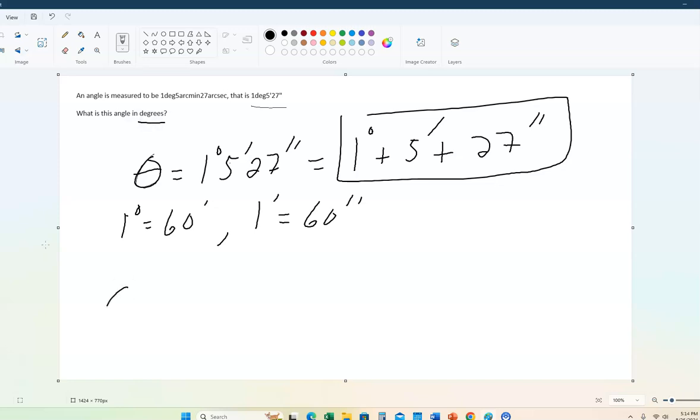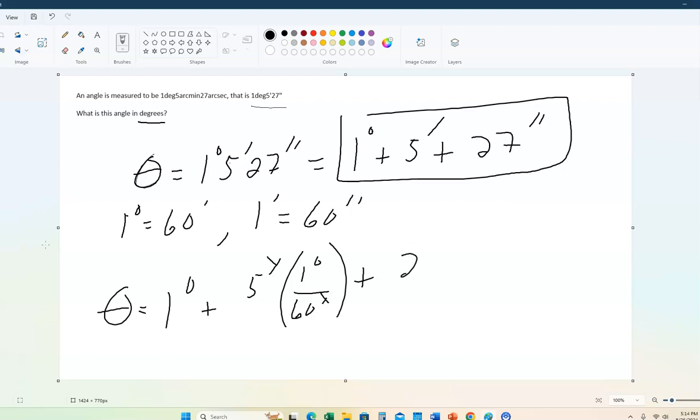So here is theta. We'll do the work, and then we'll get our calculator. It's 1 degree, which is already in degrees, plus 5 arc minutes. There are 60 arc minutes in 1 degree, so the arc minutes cancel.